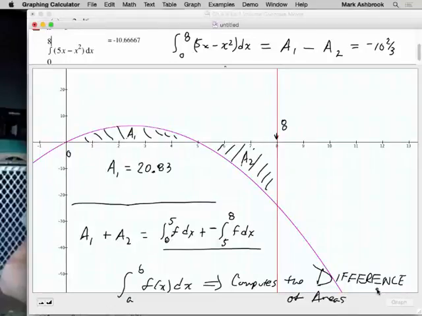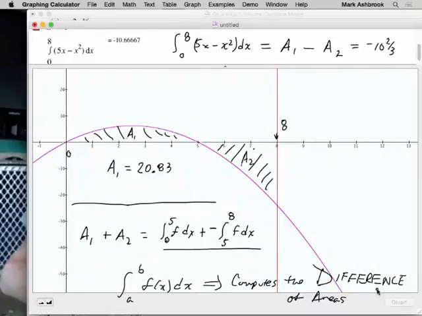If both ends of the integral are above the x-axis or under. And also what? Not only both ends, but everything in between. Yeah. So in order for this to truly calculate an area, f of x has to be positive for the whole interval. If it ever dips negative anywhere between a and b, then that thing's computing a difference of areas.